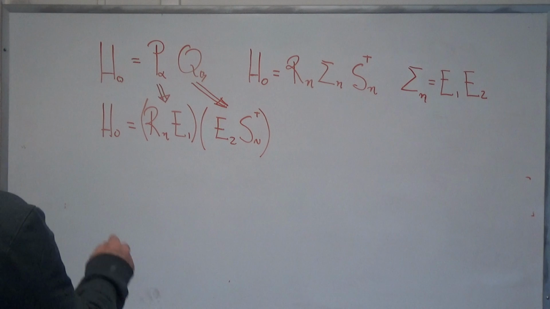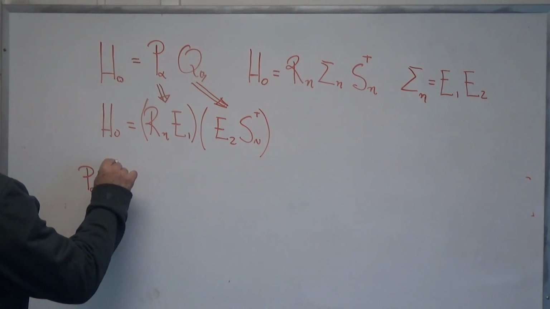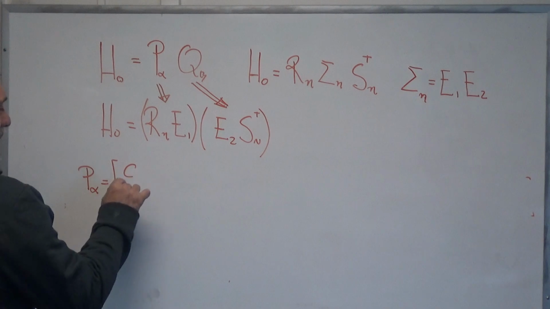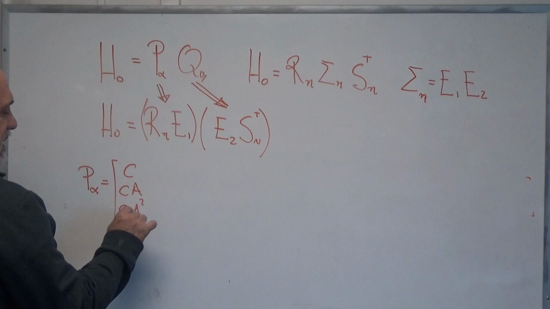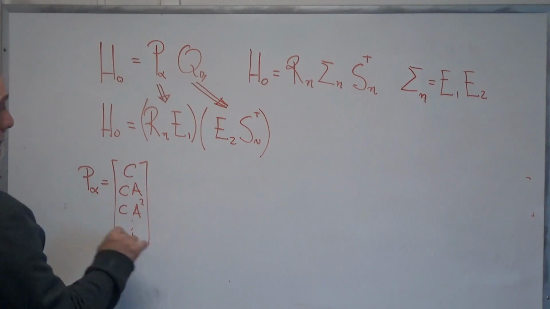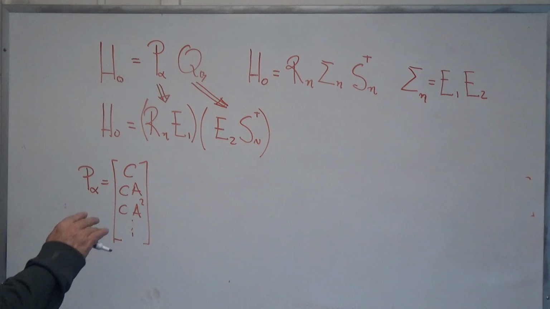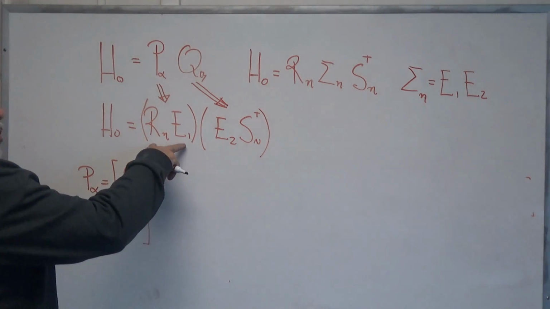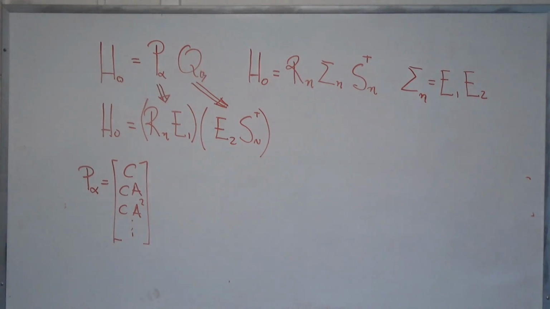Now, the observability block P alpha is equal to C, CA, CA squared, etc., right? Therefore, I can see that if I take the first m rows of this matrix, I can call that C.